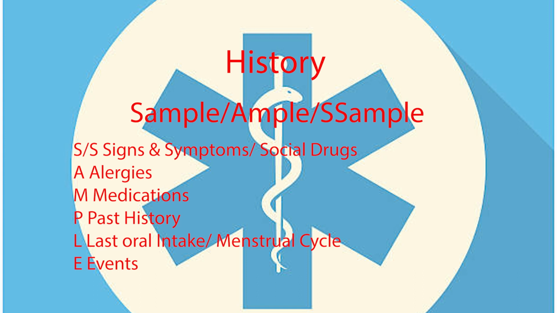There, you can do a SAMPLE history, or you can do an AMPLE history. Each one of those letters stands for something different. A SAMPLE history and AMPLE history are identical. The only difference is you don't use the first S.